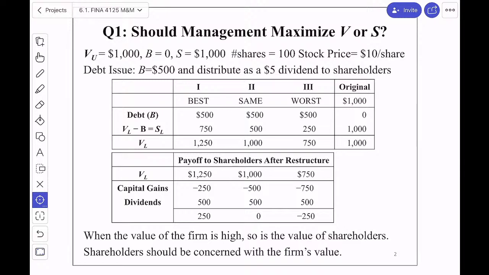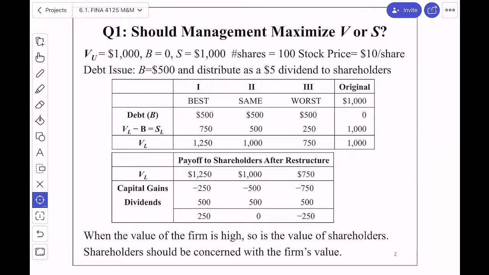Let's say that the market considers that a good thing, and the share value of stock outstanding was $750, where that represents, as a residual claimant, that the value of the firm would be $1,250. So that's the best case scenario, that it increases the value of the firm.